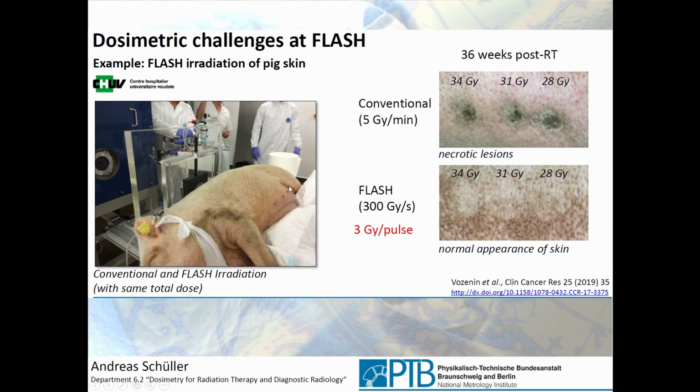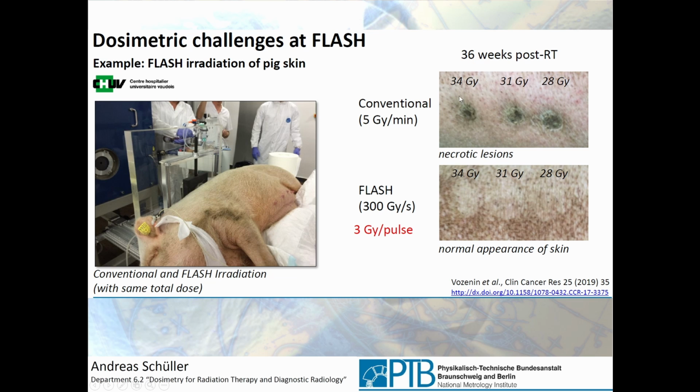Then people went further, and in 2019 they irradiated the skin of a pig using a conventional beam, so low dose rate, with an average dose rate of 5 gray per minute. You see there 3 points that were treated using an electron beam, with overall doses delivered of 34 grays, 31, 28.